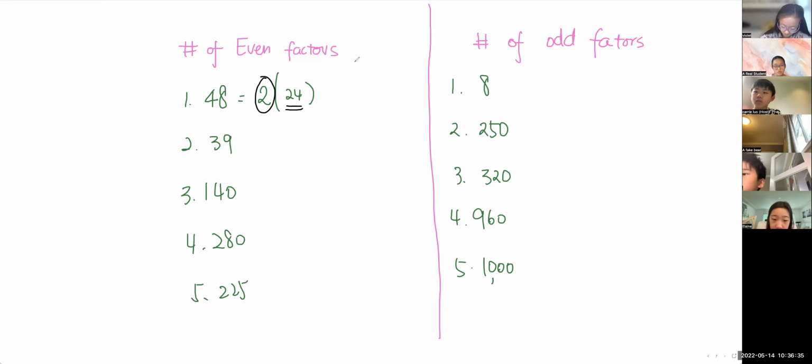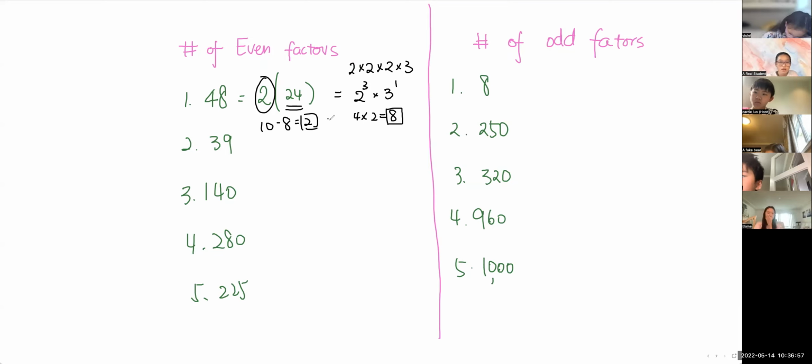So 24 equals 2 times 2 times 2 times 3, which equals 2 to the power 3 times 3 to the power 1. So the number of factors of 24 is 4 times 2 equals 8. So this 8 is the number of even factors of 48. So 10 minus 8 equals 2 is the number of odd factors of 48.